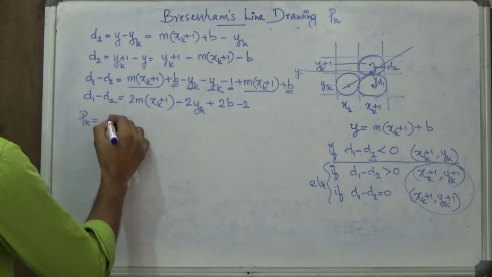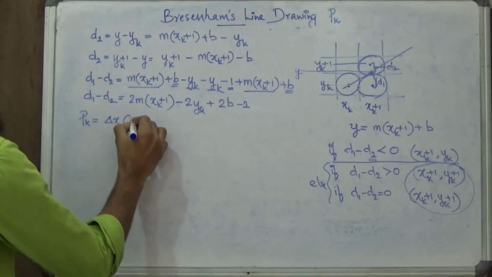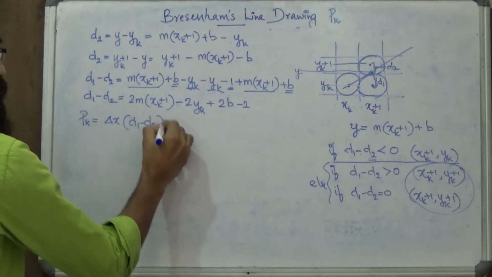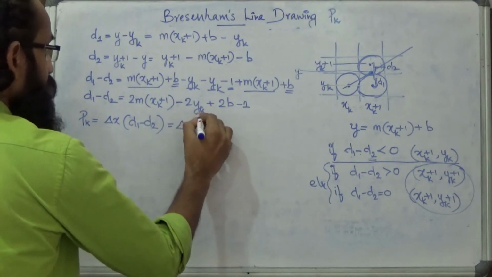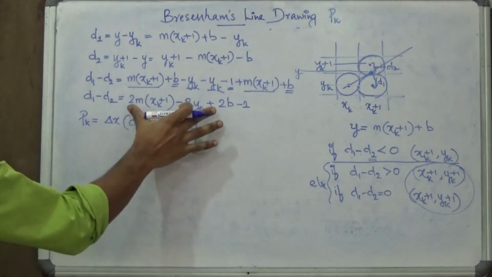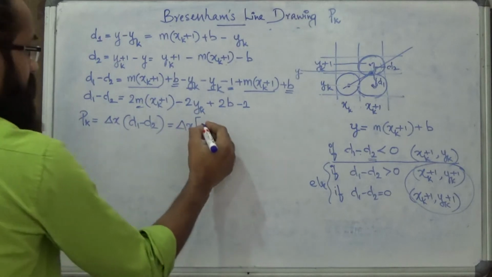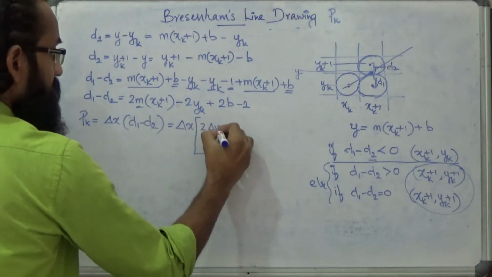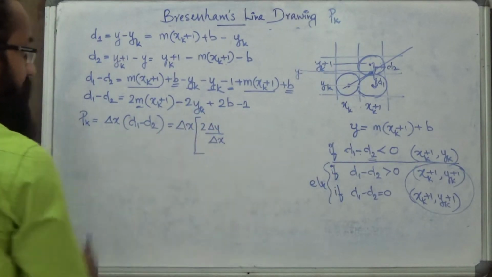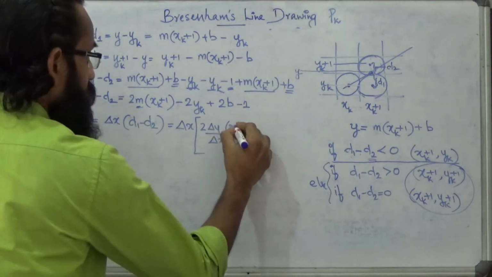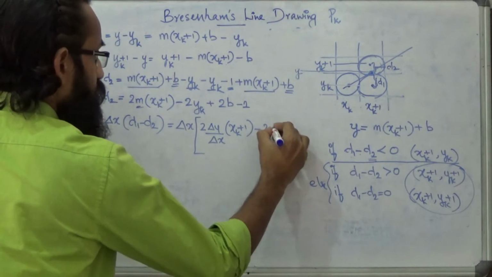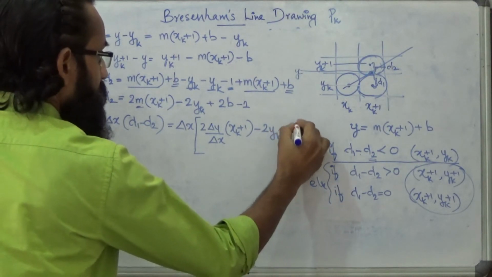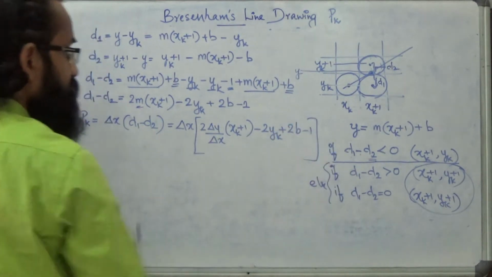Now let us derive the decision parameter pk. pk is equal to delta x into (d1 minus d2). So this will be equal to delta x into, let me expand this, 2 delta y by delta x into (xk+1) minus 2yk plus 2b minus 1.